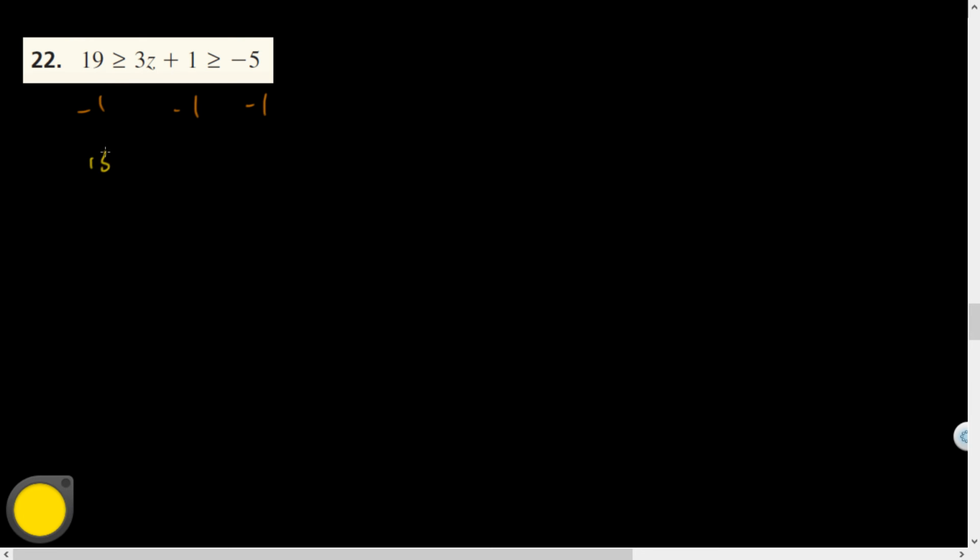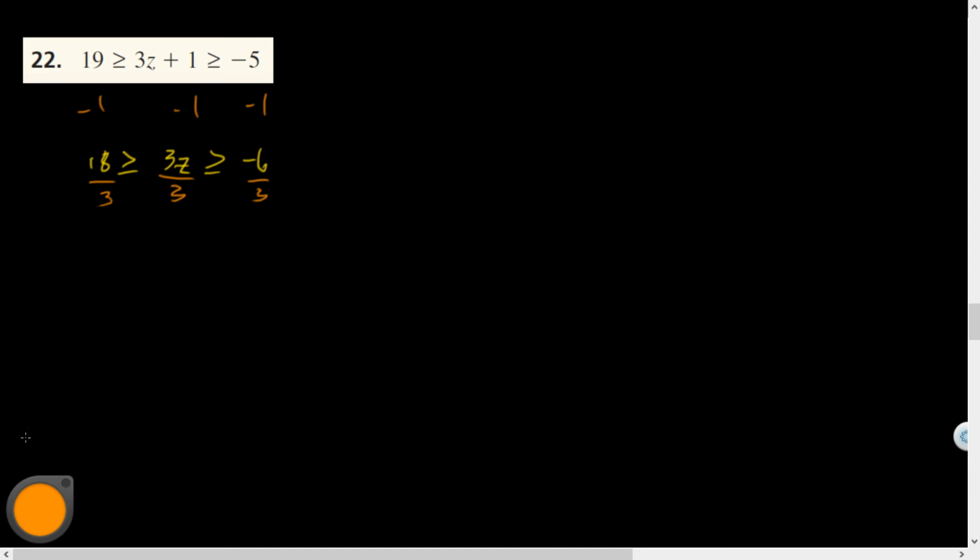So let's see, to get z by itself, we will subtract 1 from both sides. 19 minus 1 is 18, is greater than or equal to, looks like 3z is by itself over here. Greater than or equal to becomes more negative, -6. What do you guys think my next move is? Divide everybody by 3.